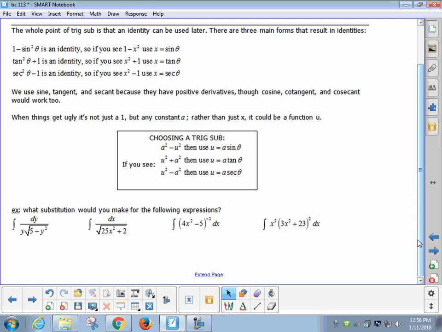And if you see any function squared minus a constant, think secant. Now, if you are not a good memorizer, then don't worry. The minute you substitute, you will see in the next step if your substitution was good or not, because it will yield an identity or not, and you'll know if you blew it. Okay? And you'll need to memorize this less and less, and you'll just know what to do. But for now, let's use those as a blueprint.